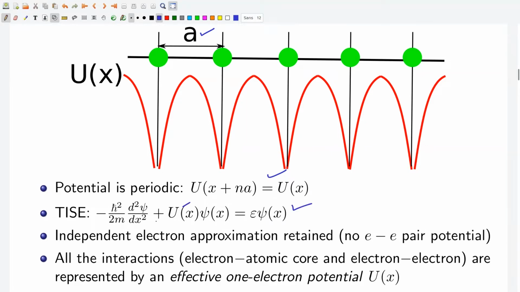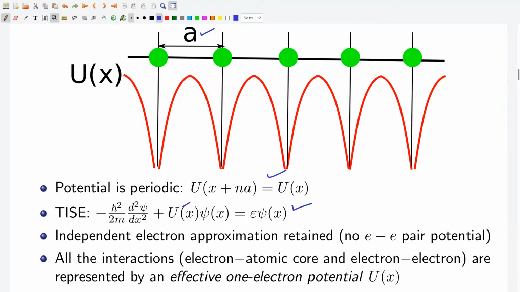Let us try to understand the nature of the periodic potential. Electrons in a solid is in principle a many-body problem. We have one electron potential describing the interaction of electrons with massive atomic cores. In addition to that, we also have pair potentials describing electron-electron interaction.